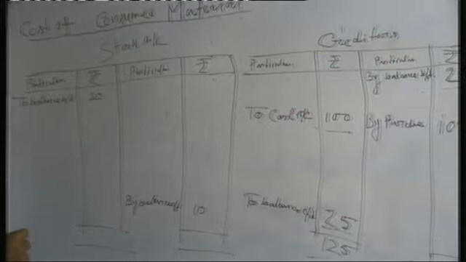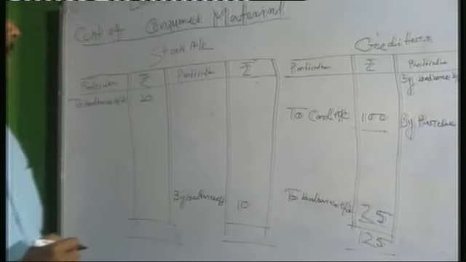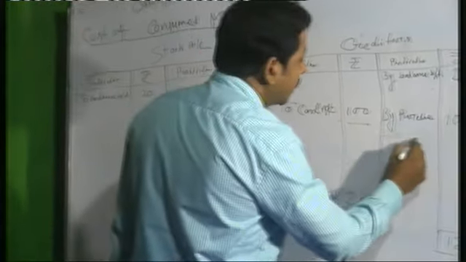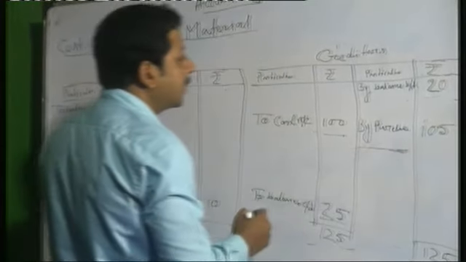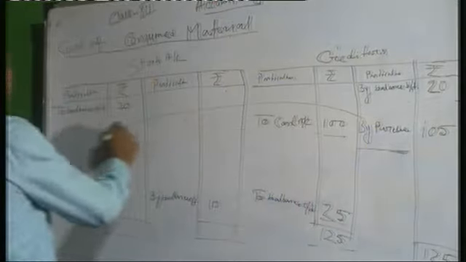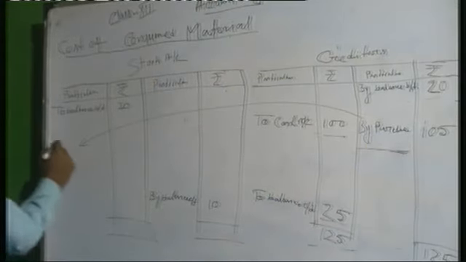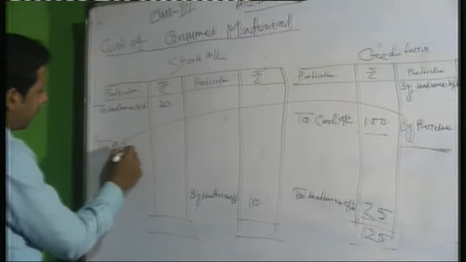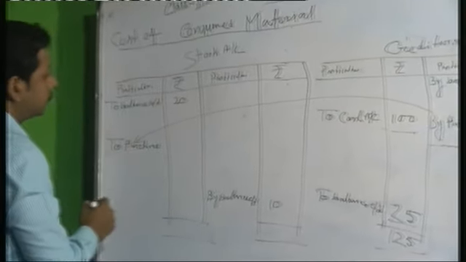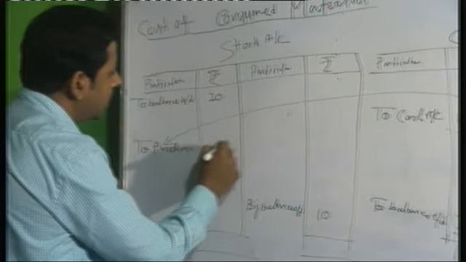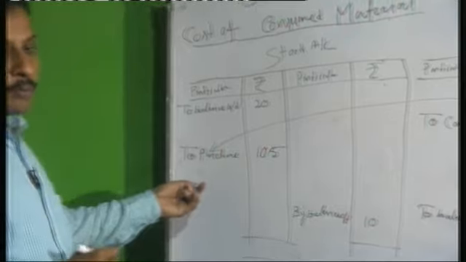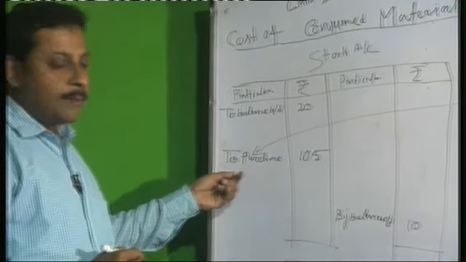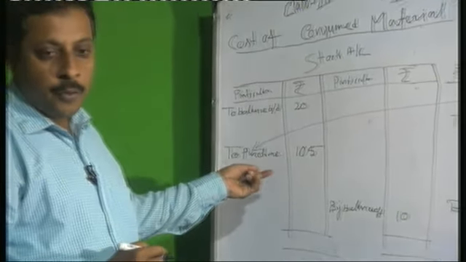Now it is correct. This is a credit purchase, and this purchase amount comes to the purchase account, 105. So we have got this. Now the problem is the same as we showed before.